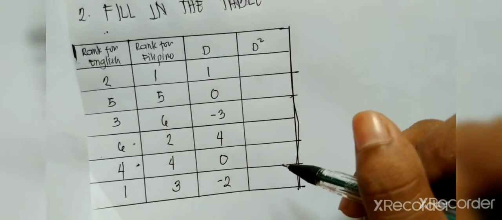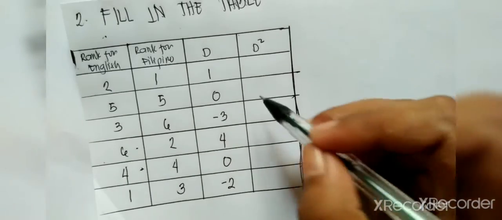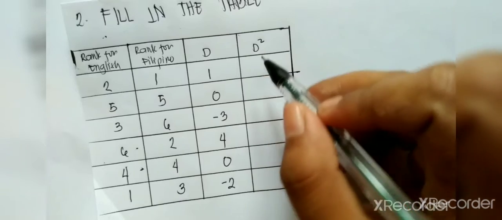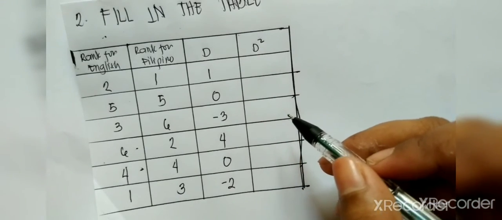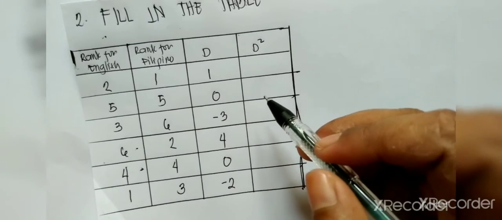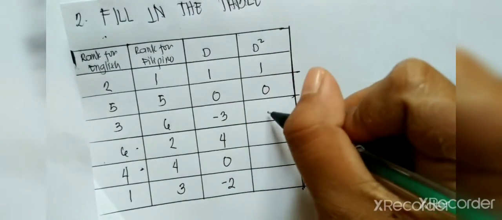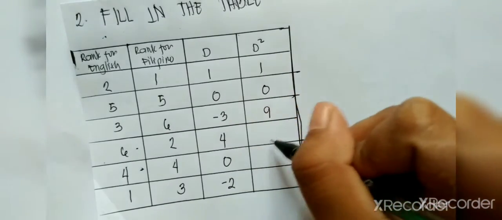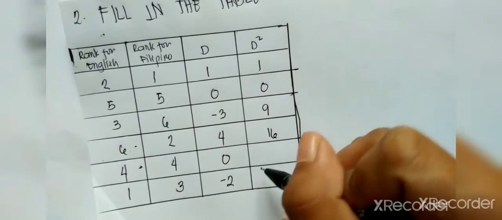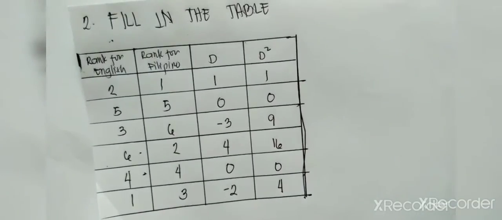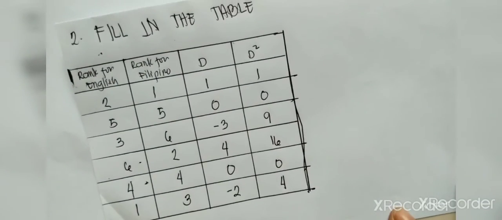We also find d squared by multiplying the value of d by itself. So 1 is 1, 0 is 0, negative 3 is 9, 4 is 16, 0 is 0, and negative 2 is 4.